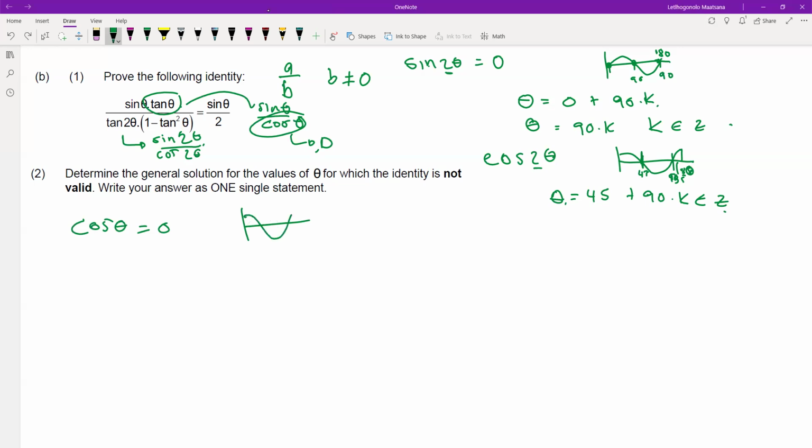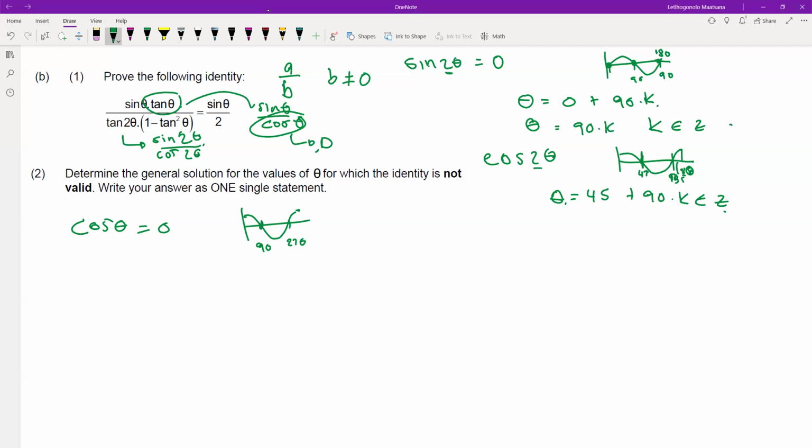It looks like this. So for our 0, we'll start here at 90 and it will repeat itself every 180. So that 0 is going to repeat itself every 180 degrees.